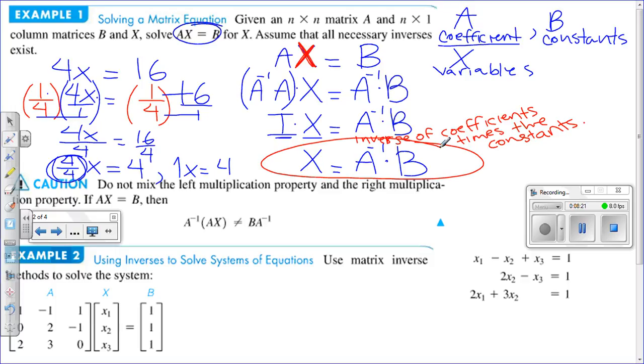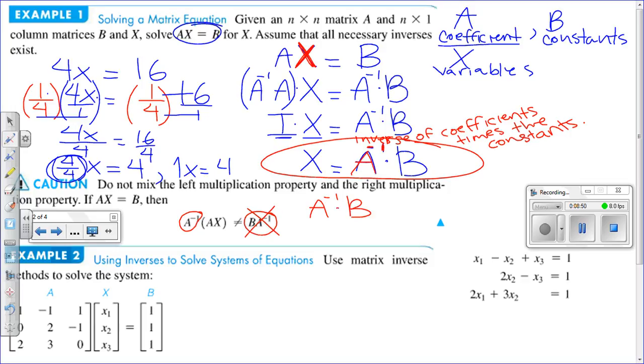It's very important to note here that the inverse must be on the left side. We cannot do it this way, so we will always have the inverse on the left side of the constant matrix. And that is because of the dimensions. So remember, the two numbers in the middle have to match. So don't do this and multiply the inverse of the coefficients times the constants on the wrong side.